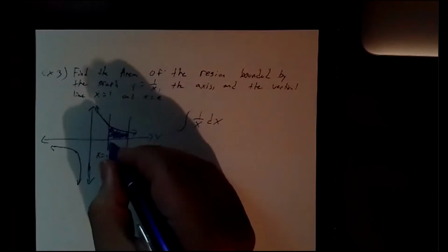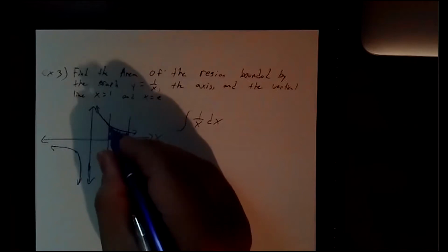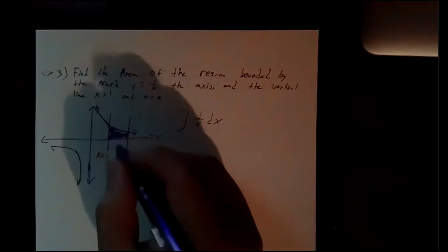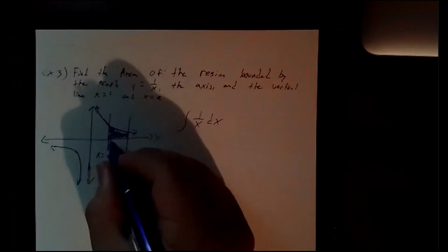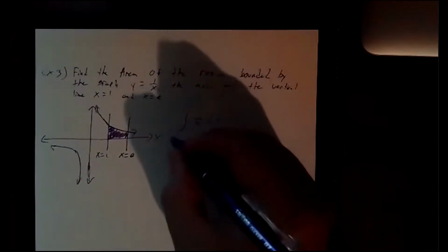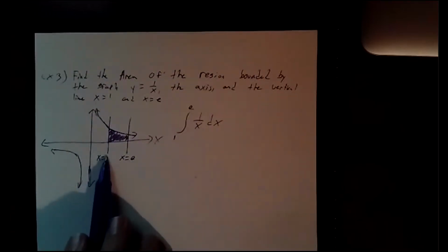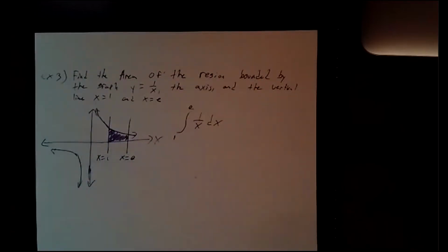With respect to x means I'm going this way on the x. In the theory, if you look at the book, they have rectangles with thickness delta x going this way. We know the bounds, 1 to e, so I'm integrating from here to there.